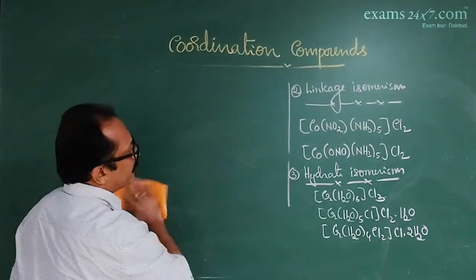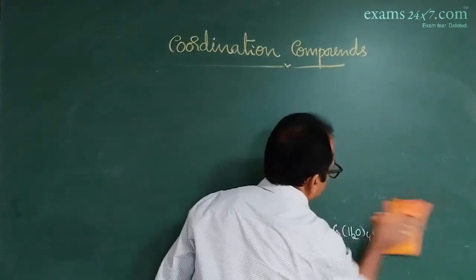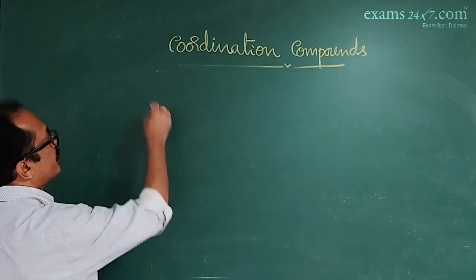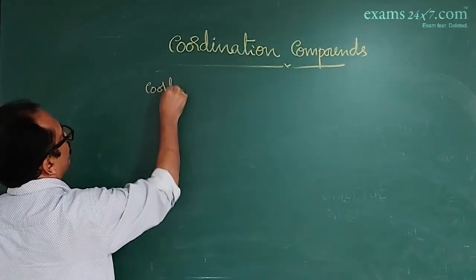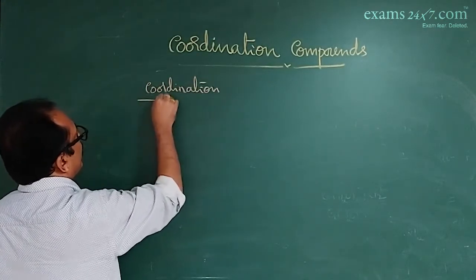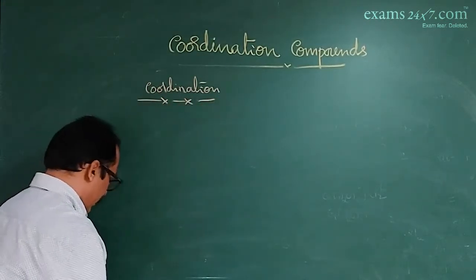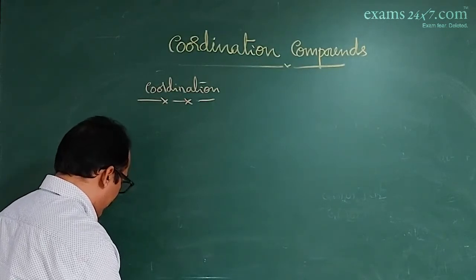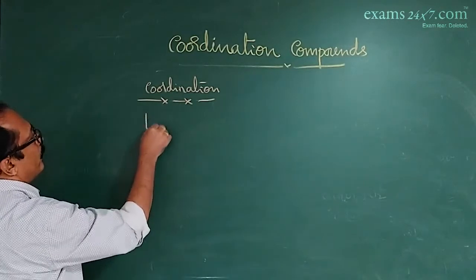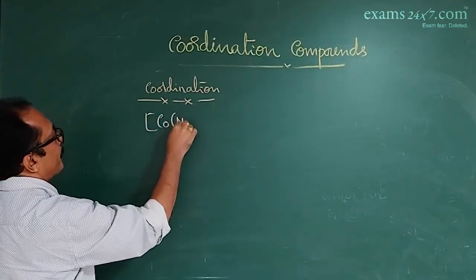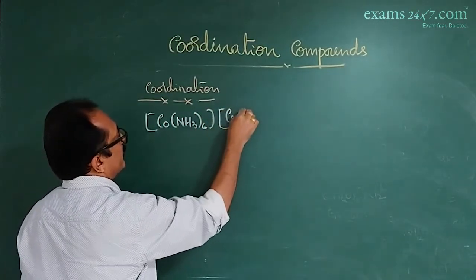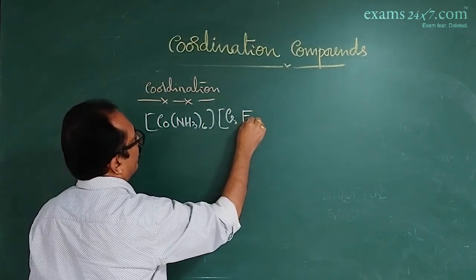Next about coordination isomerism. In coordination isomerism, ligands can be interchanged. Example for coordination isomerism: [Co(NH3)6][Cr(CN)6].